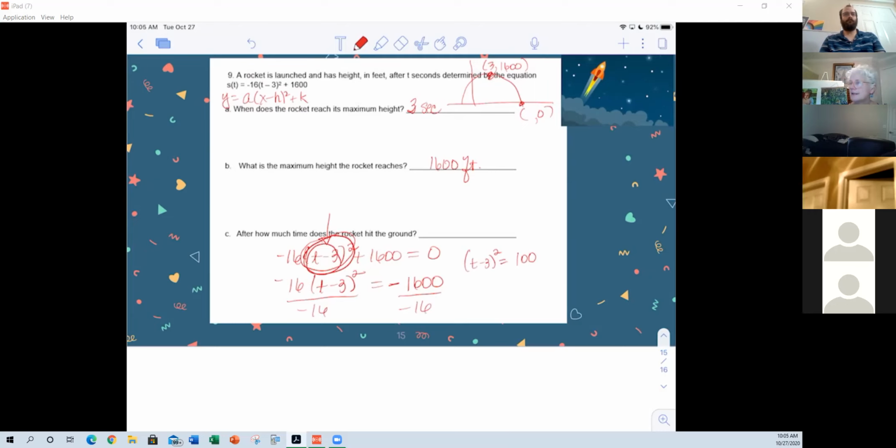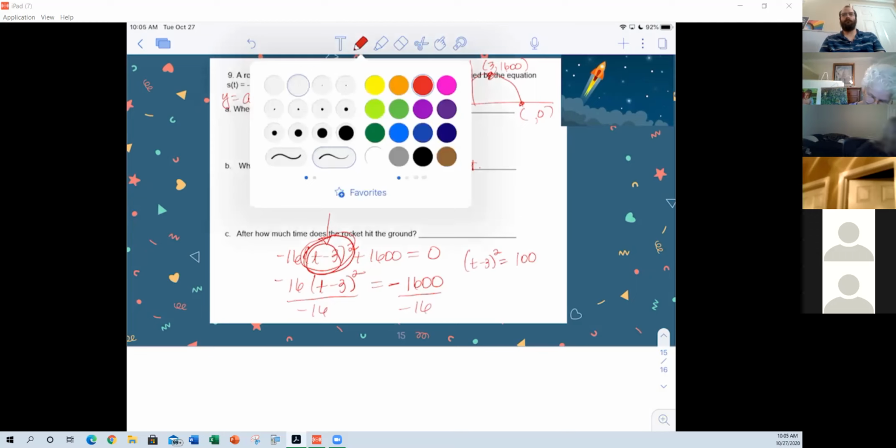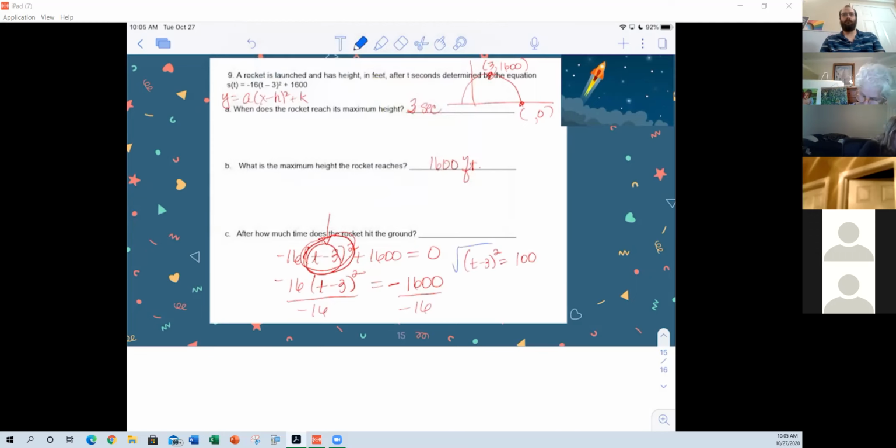Take the square root of both sides. Remember, a square root and a square just undo each other. They're each other's inverse operations. So if you have a square root on top of a perfect square, they just undo each other. So this is going to give me t minus 3 equals plus or minus 10.